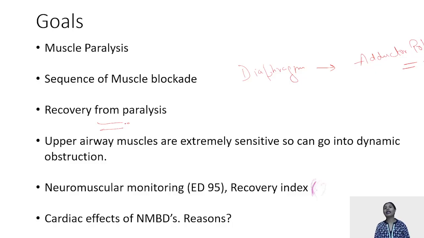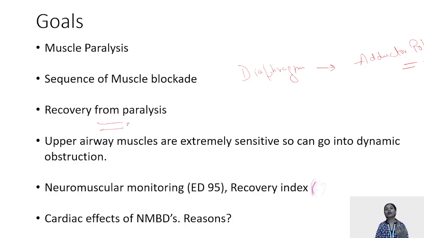Your upper airway muscles are always extremely sensitive. Please remember one thing: your upper airway, pharyngeal and laryngeal muscles are very sensitive and they can go into dynamic obstruction at the time of extubation, even if your TOF ratio is coming more than 0.9.